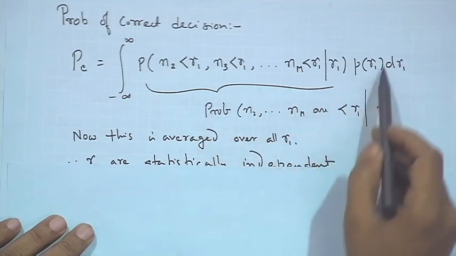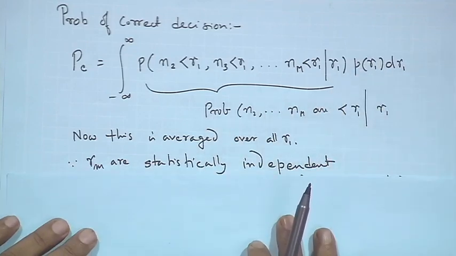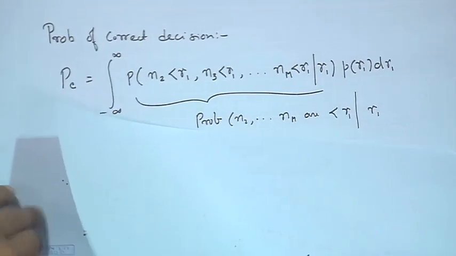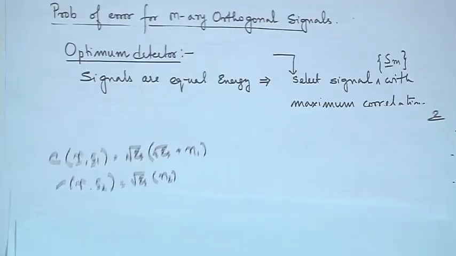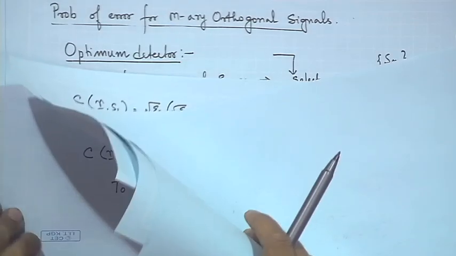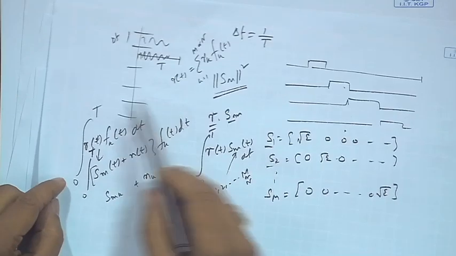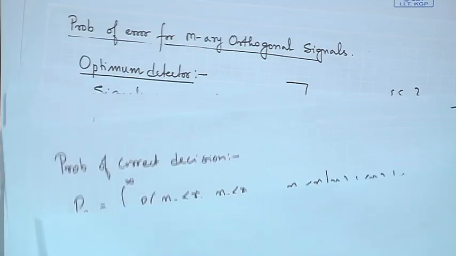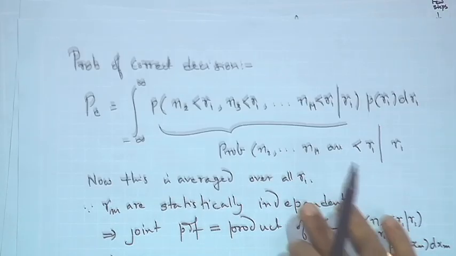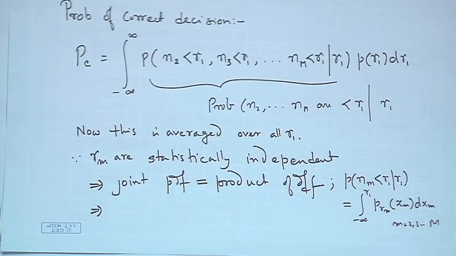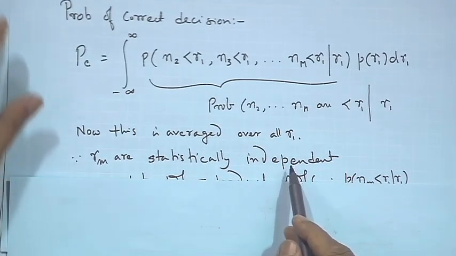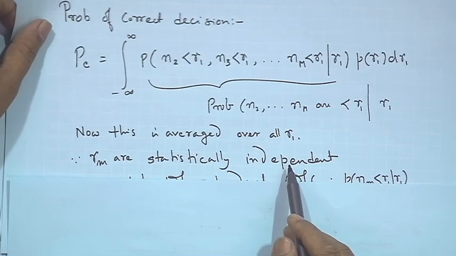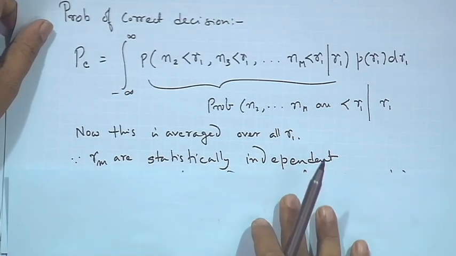So, this is averaged over all possible R1, and now since we have always been using that these are orthogonal signals, let us say they are orthogonal. If they are orthogonal, in that case the R m's are statistically independent, because they are Gaussian distributed and the first one has a mean of root Es, all others have a mean of 0.